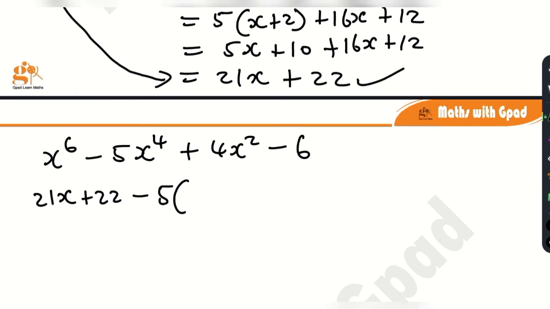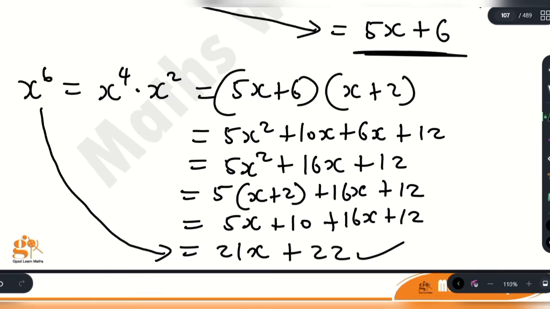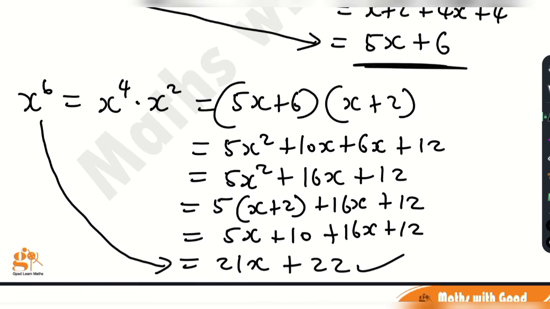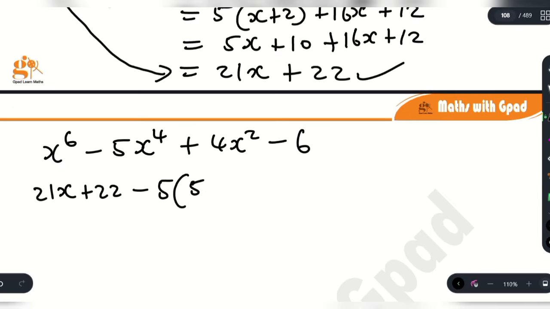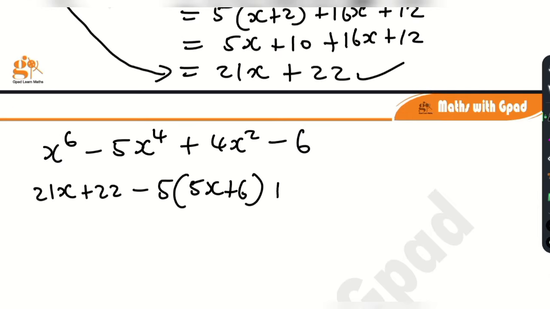We already know what x raised to the power 4 is. See it here. It is 5x plus 6. So write 5x plus 6 here. Then plus 4 bracket. What about x squared? Easy. That's x plus 2, remember? And then we have the constant term, which is minus 6.